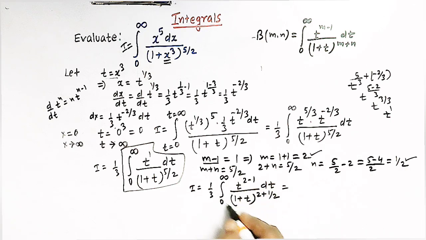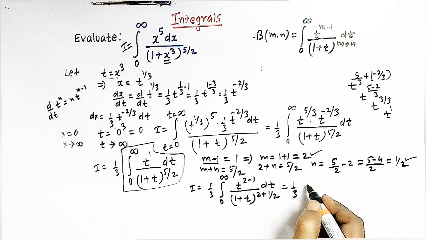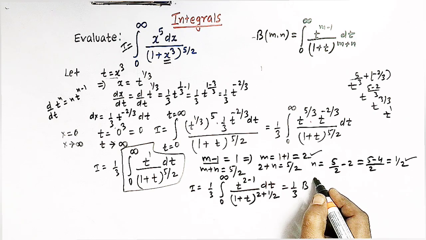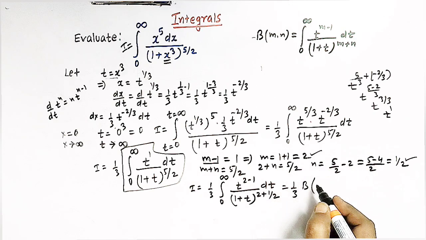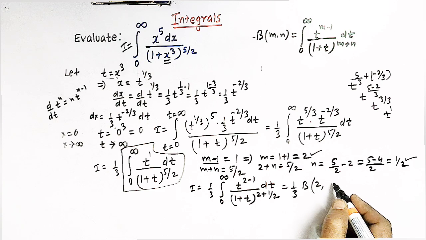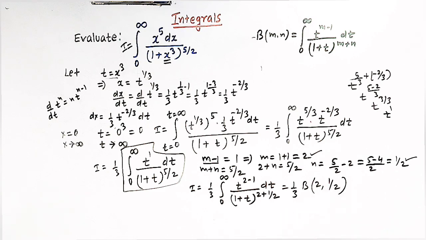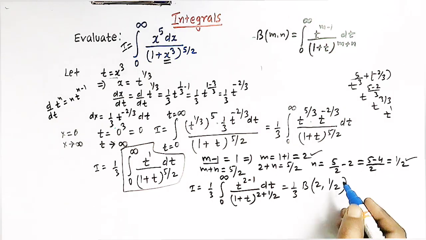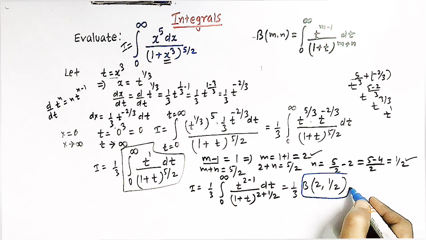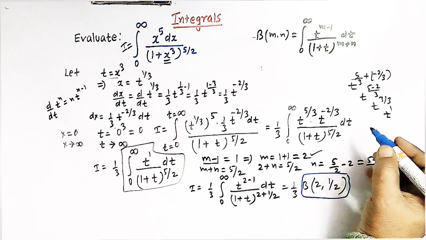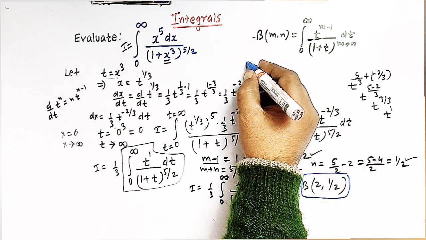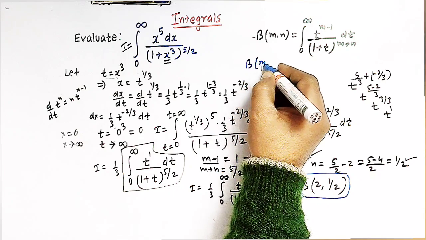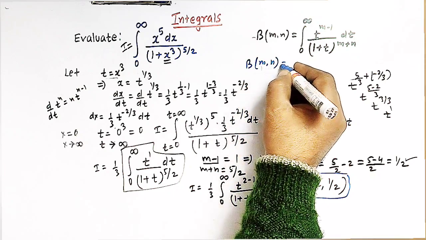So this is our beta function. So we have 1 over 3 times the beta function m comma n. M is 2 and n is half. So let us now calculate the value of this beta function with the help of this important relation between beta function and gamma function.